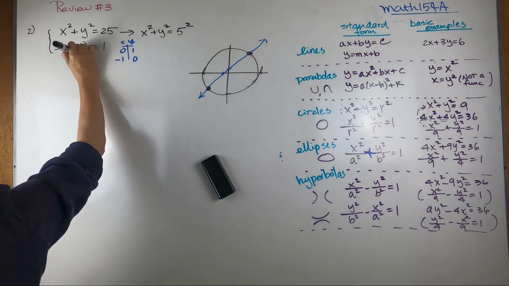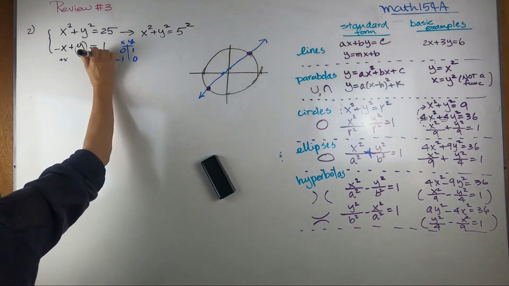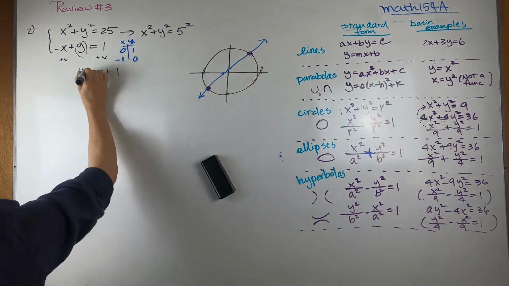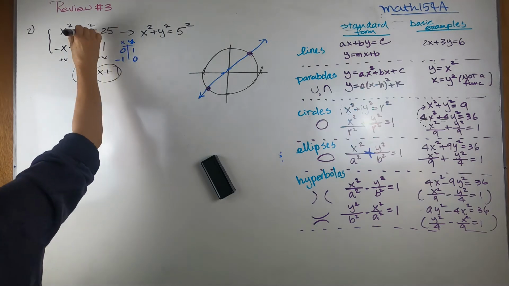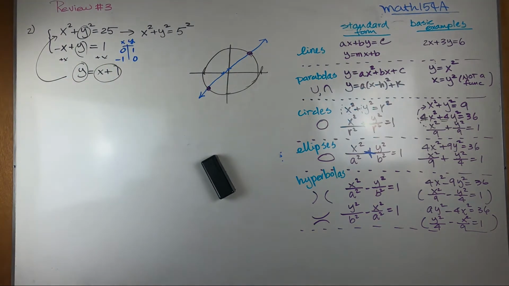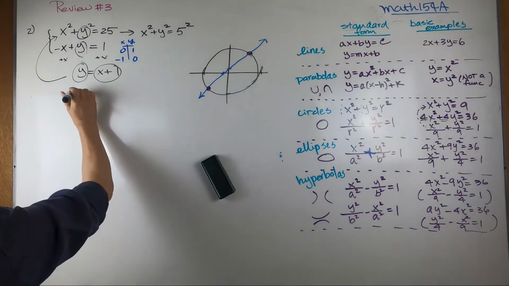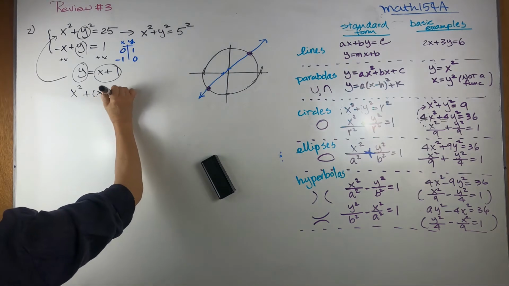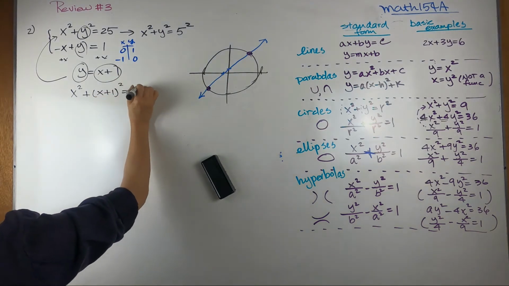So we will get y by itself. So I'm going to add x. So my y is what? X plus 1, right? Y equals x plus 1. I'm going to substitute back into the first one. So my x squared is x squared, y becomes what? (x plus 1) squared equals what? 25.